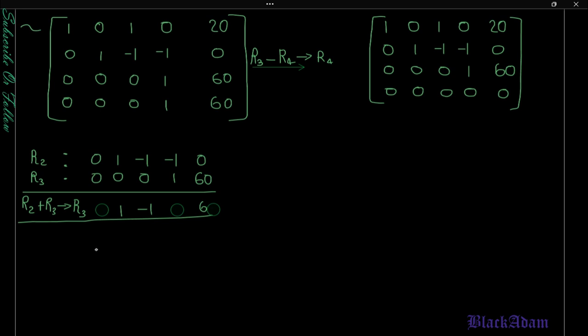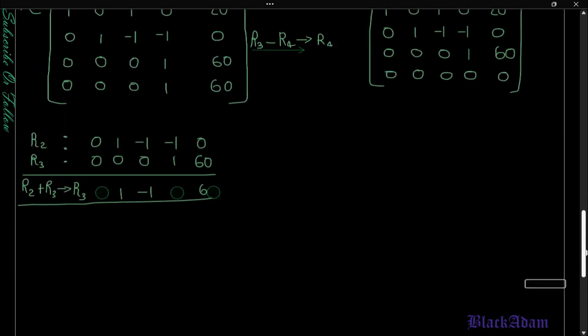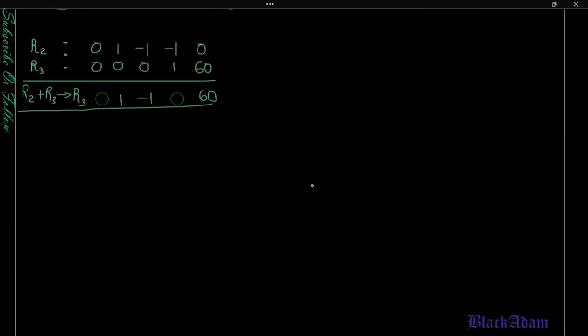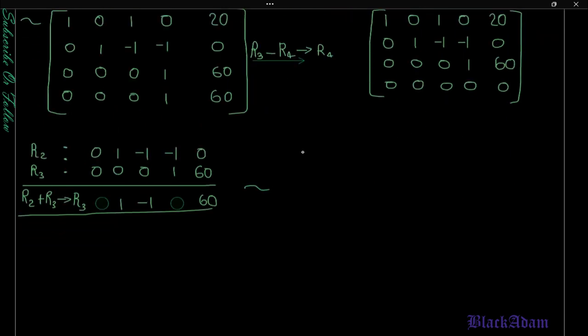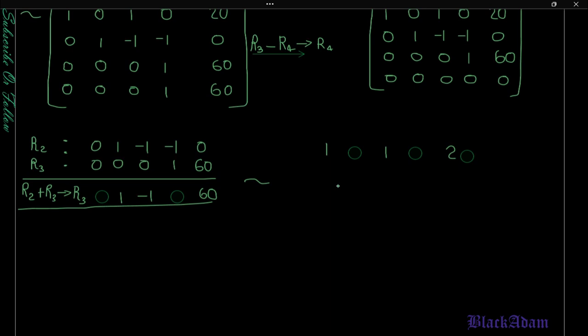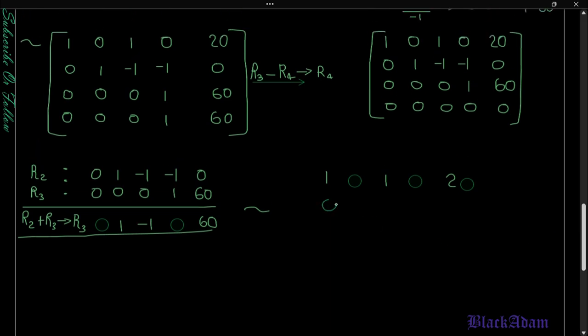Okay, so row 3. It's supposed to be row 2 because it's the same thing. If you put it in row 3, we need to put it back to row 2. So there we have 1 0 1 0 20, and then we have 0 1 negative.